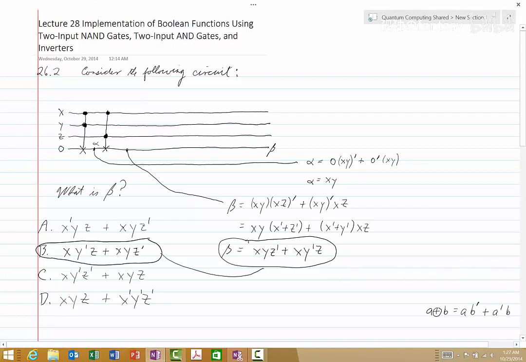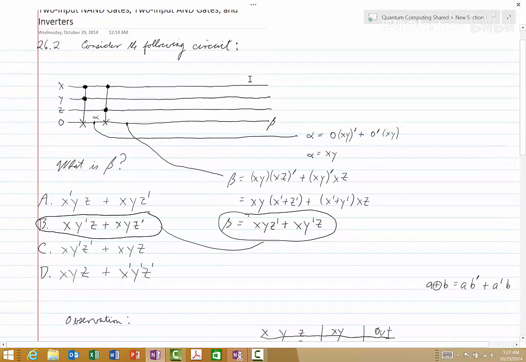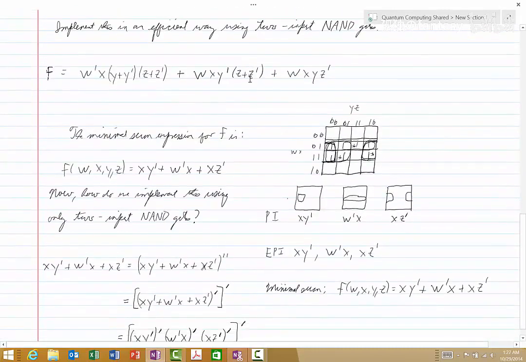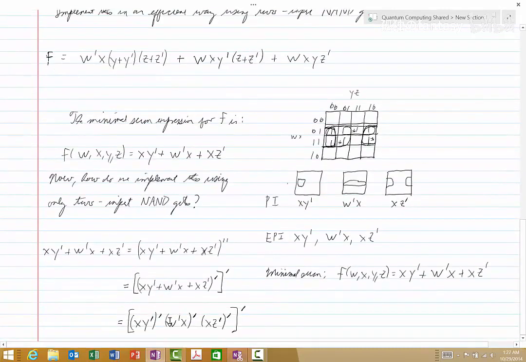It's a more accurate description of what we want to do, because actually with this problem we were working on, it is possible to put all of this in terms of only 2 input NAND gates, rather than using the fact that this is an AND, calculating that, and then ANDing it with this and then inverting.